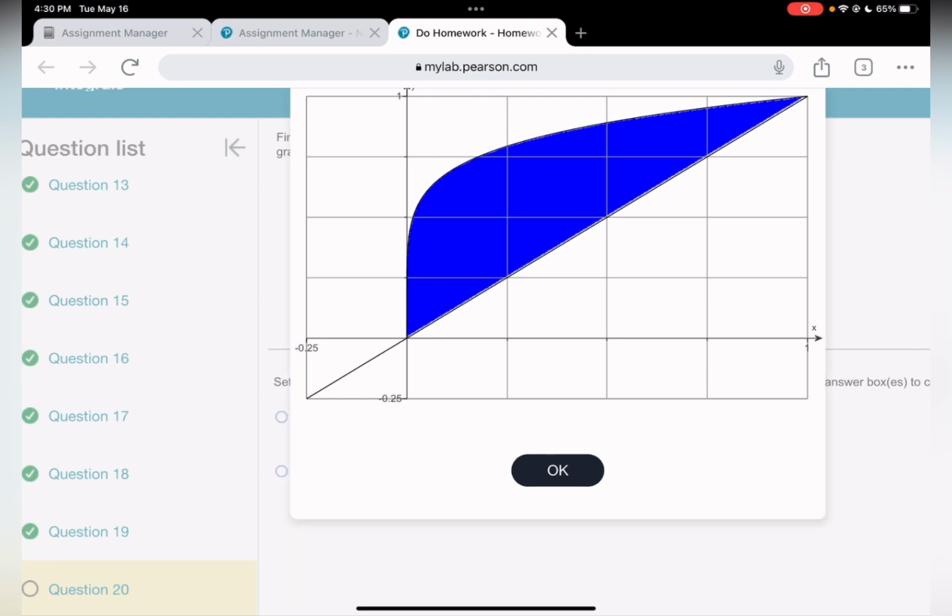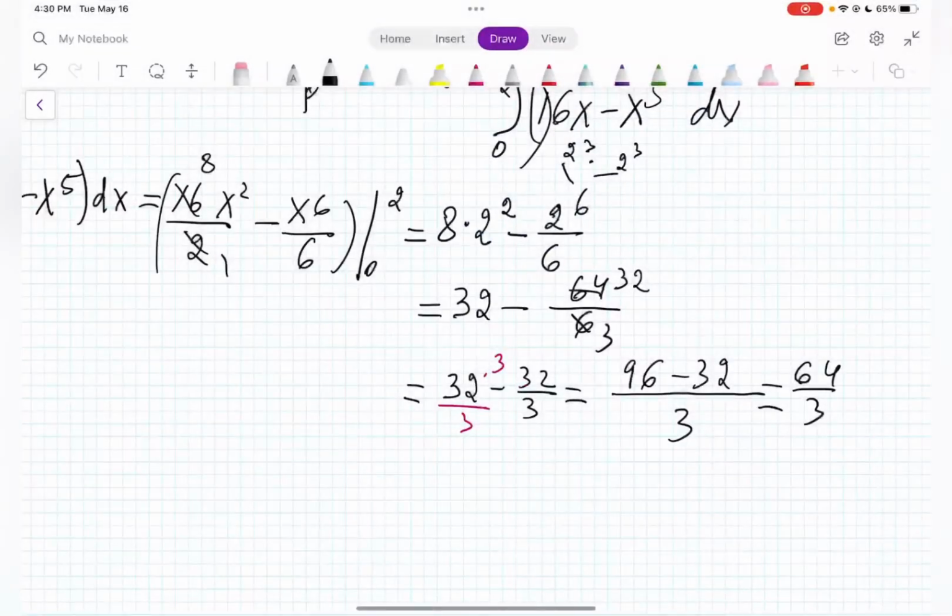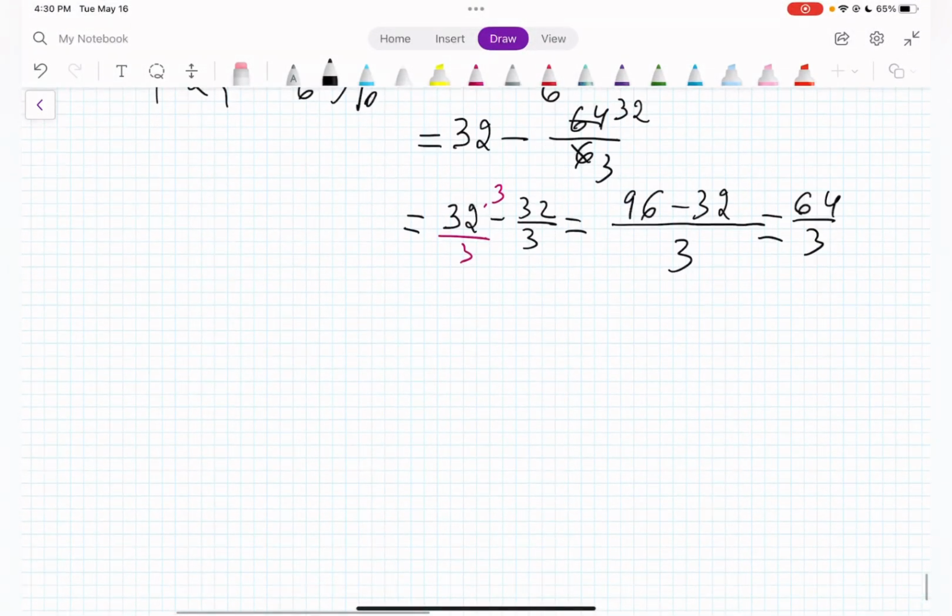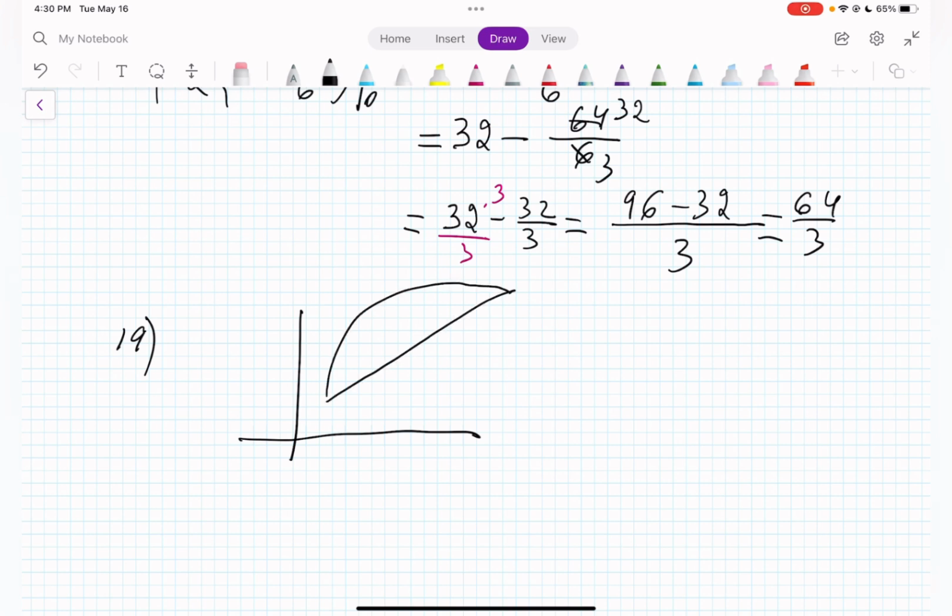This is 1, x is 1, and then 1, 2, 3, 4, 5. Okay, let me draw here so you will see. This is number 19. This is how we have this graph. So if you look, it's 1, and this is coming 5.